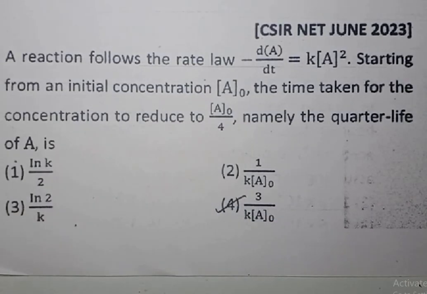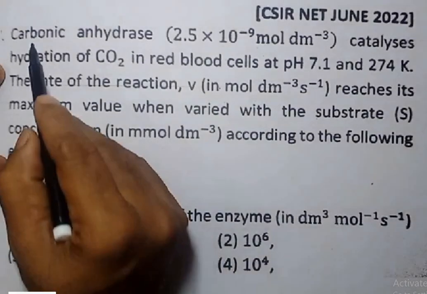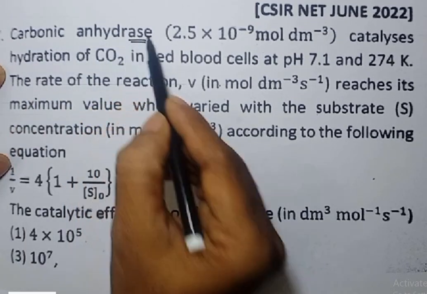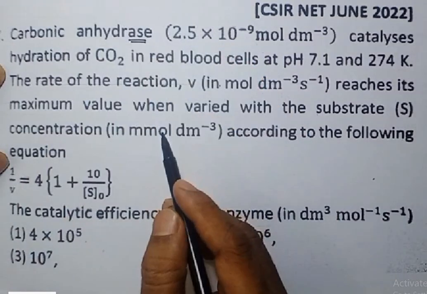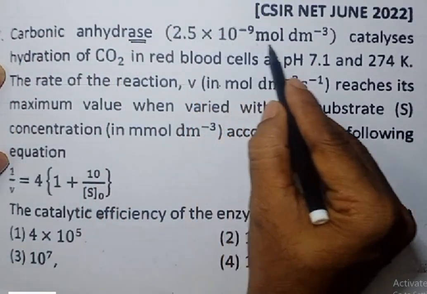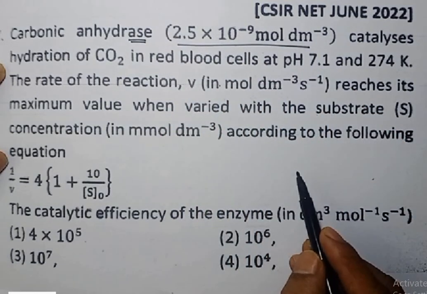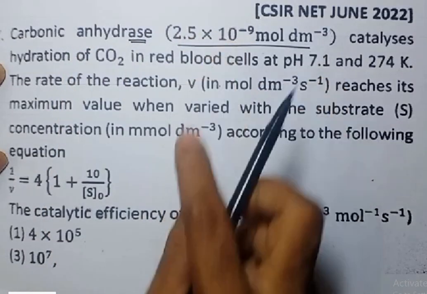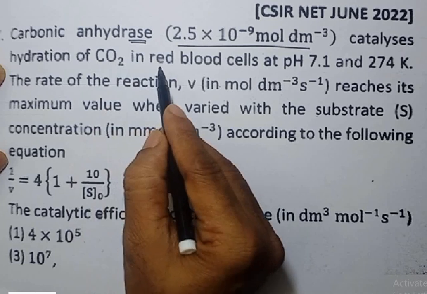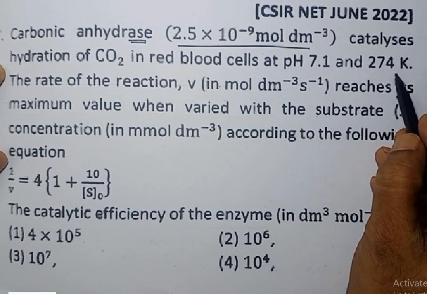This question appeared in June 2022. The question is very simple. Carbonic anhydrase. See, whenever a name ends with ase, it is an enzyme. Carbonic anhydrase, 2.5 into 10 power minus 9 mole per decimeter cube. This is the concentration given of the enzyme. It catalyzes hydration of CO2 in red blood cells at pH 7.1 and 274 Kelvin.